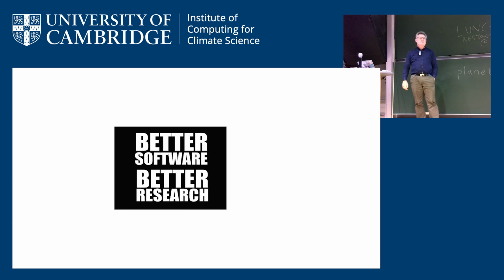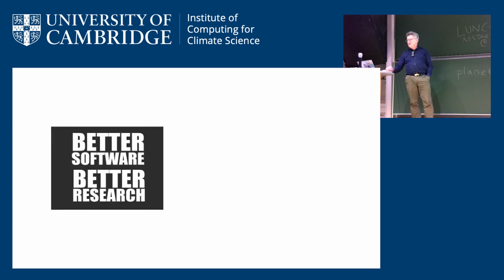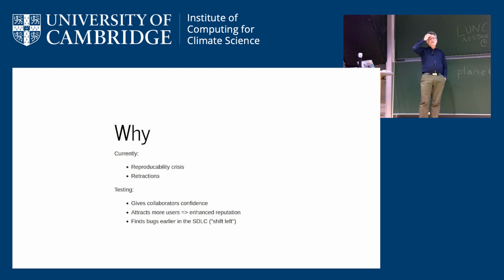So this is the goal. The idea is we want to make sure our research is of high quality and ensure that our software is of high quality to do that. Why in particular? There's been, over the past few years, a growing realization that a lot of research isn't replicable.